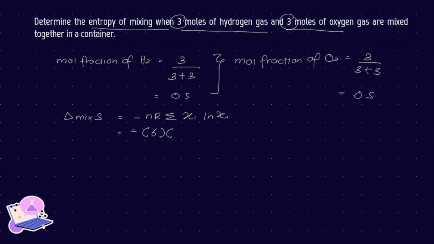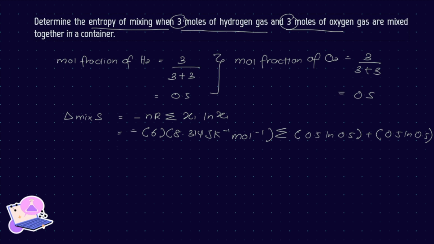And your R is the gas constant, so it's going to be 8.314 joule per Kelvin per mole. And then you're going to do the summation of the mole fraction. So what we are going to do is 0.5 ln 0.5 plus 0.5 ln 0.5.